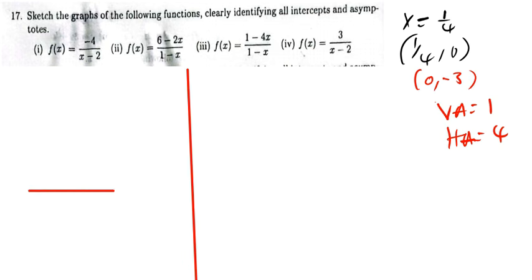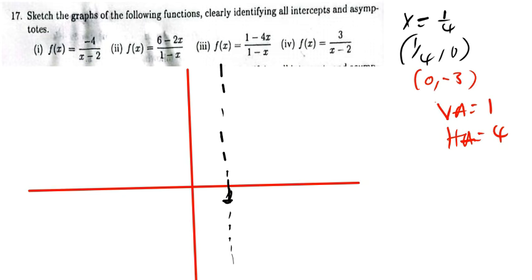Then we sketch. The one who was asking, I don't know if you're now okay. So the vertical asymptote is at 1. I'll put it here. Next, the horizontal asymptote is at 4. I'll put 4 here. Then 0 comma negative 3, I'm going to put there, meaning this is the point.